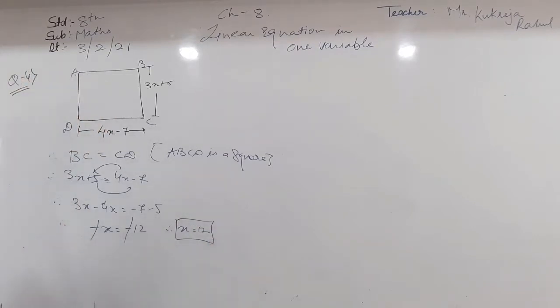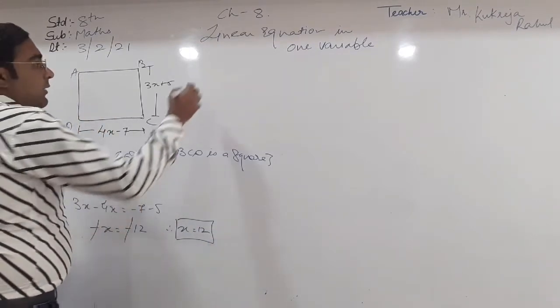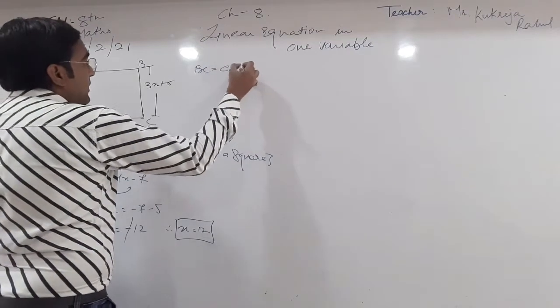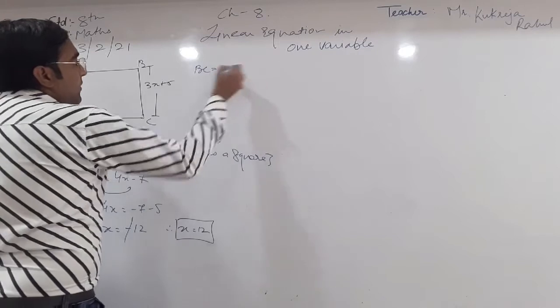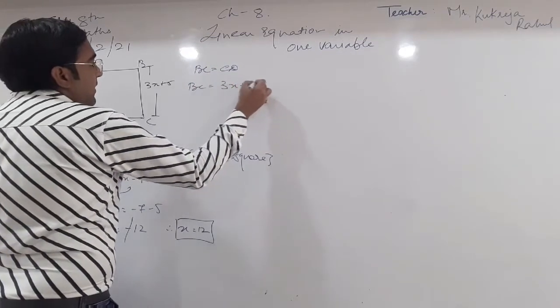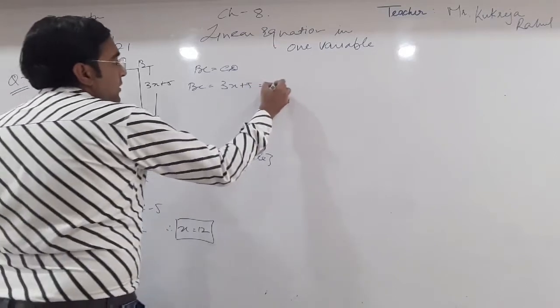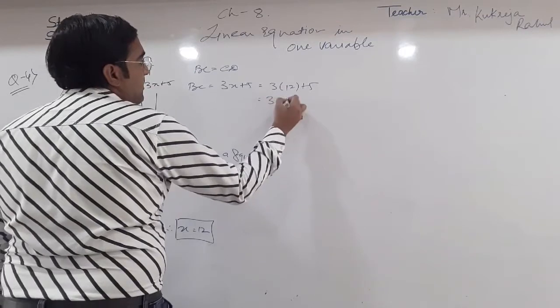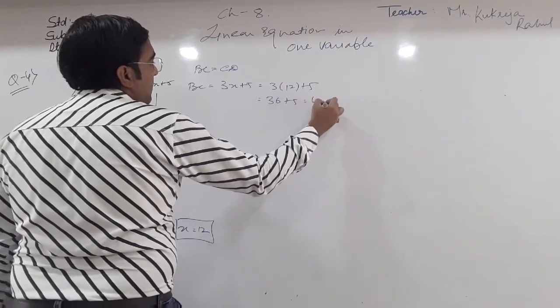So now the length of each side of the square will be either BC or CD. Okay? So therefore BC is equal to 3x plus 5, which is 3 into 12 plus 5, it will be 36 plus 5 equals 41 meter.